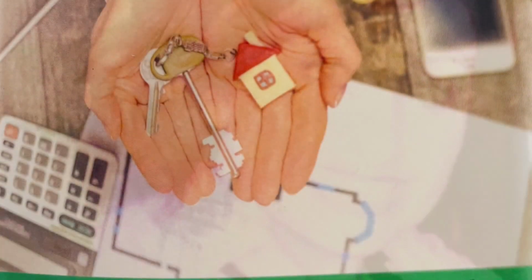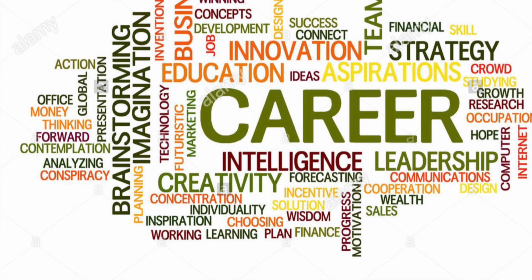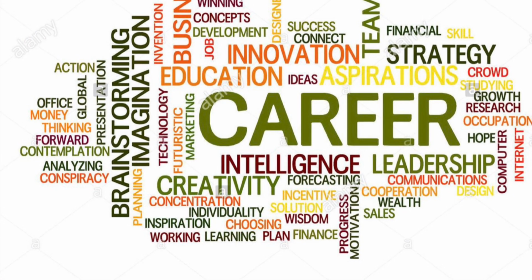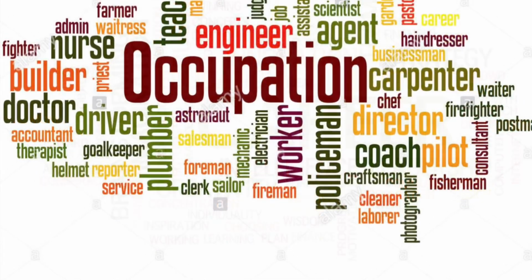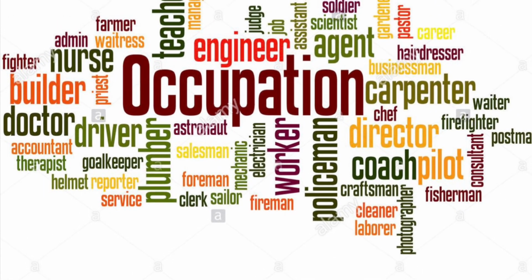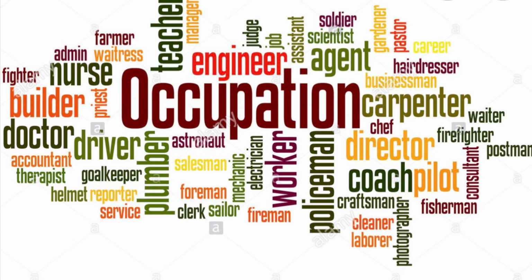Title company or lawyer: some states allow title companies to do all the paperwork and close the transaction for the buyer and seller. Some require an attorney to close the sale.